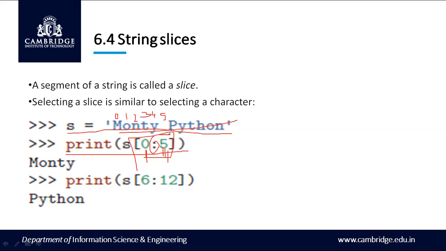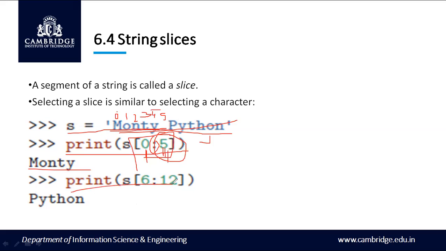Always remember that the second index will not be printed. Please remember this concept in strings. So the string starts from the 0th character till the 4th character, so this MONTY will be printed. When I execute this statement, you can see the answer Monty being returned.